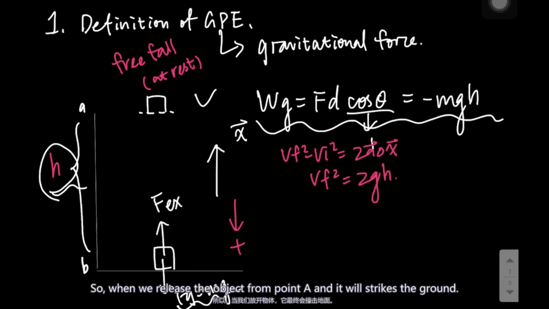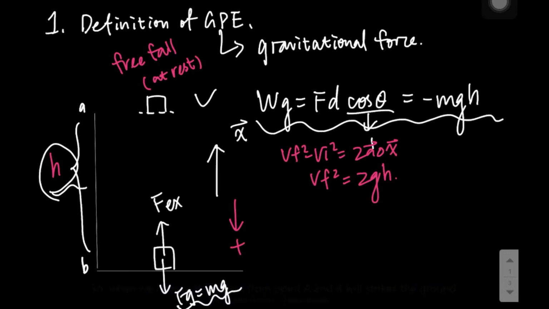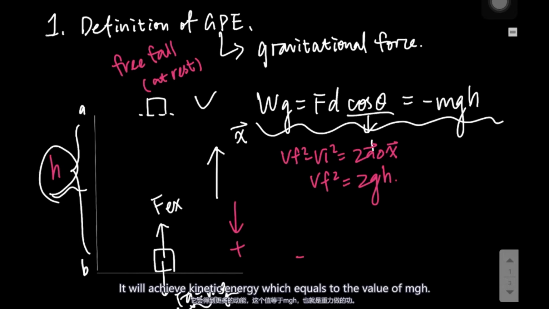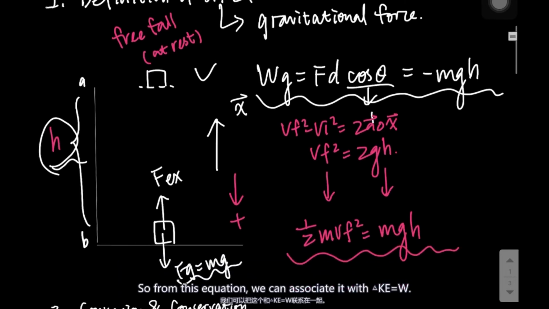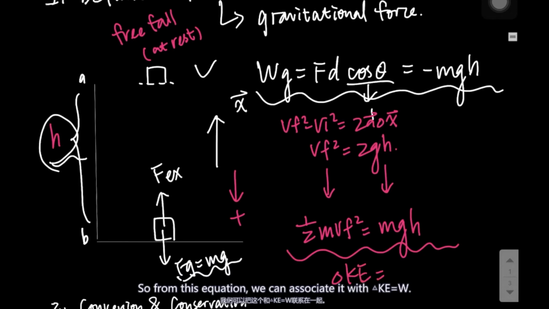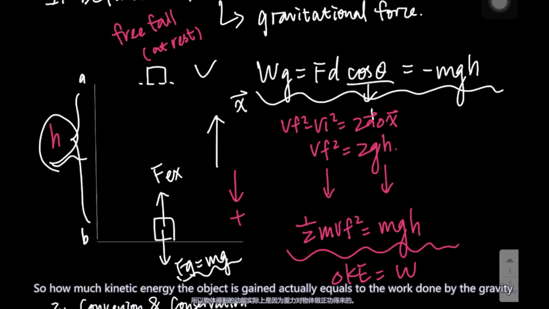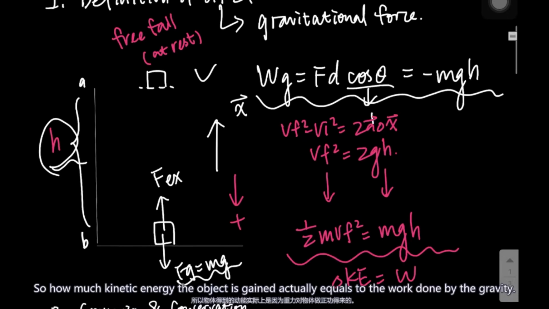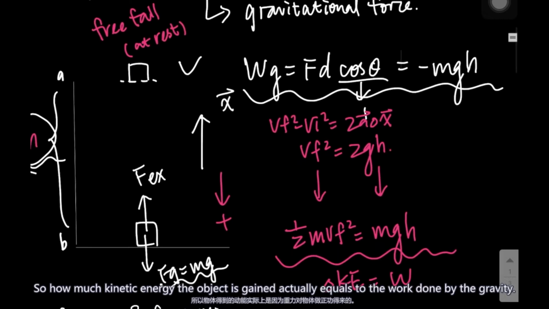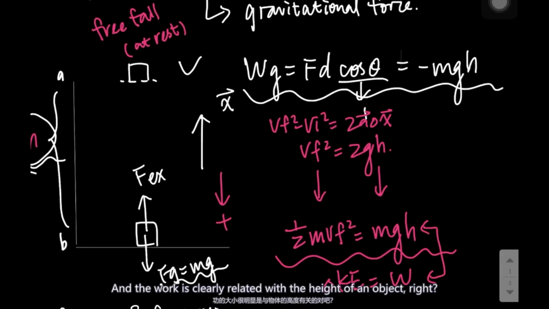So when we release the object from point A until it strikes the ground, it will achieve a kinetic energy with this, right? And it equals the value of mgh. So from this equation, we can associate it with this. So how much KE the object gained is actually the work that we did, right? And the work is clearly associated with the height of the object.